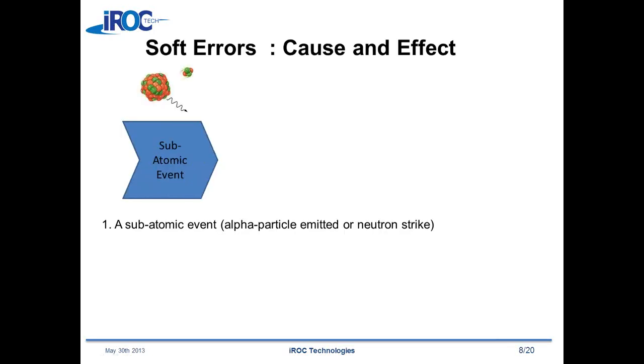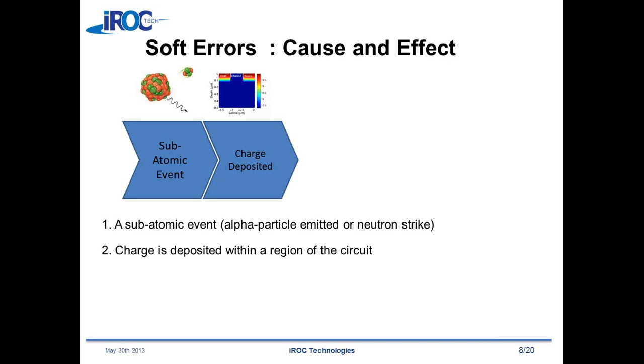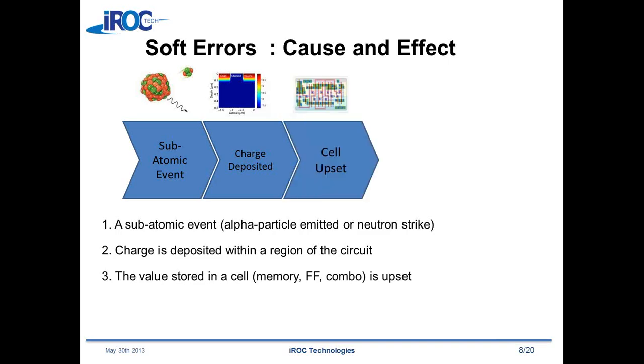So the first thing in the chain of events is a subatomic event, which could be an alpha particle or a neutron, and that causes charge to be deposited on sensitive areas of the chip around a transistor, and that can cause a memory cell to get upset.